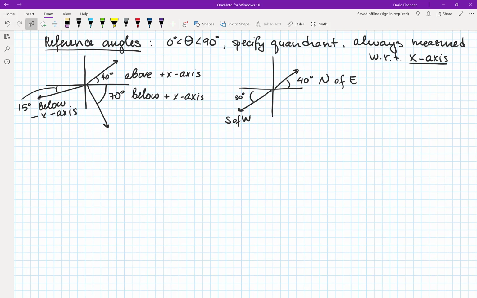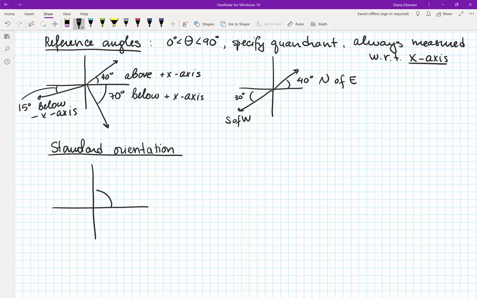Some other way of referring to direction would be the standard orientation. This is probably what you're used to from trig class. So standard orientation is measured counterclockwise with relation to the x-axis.